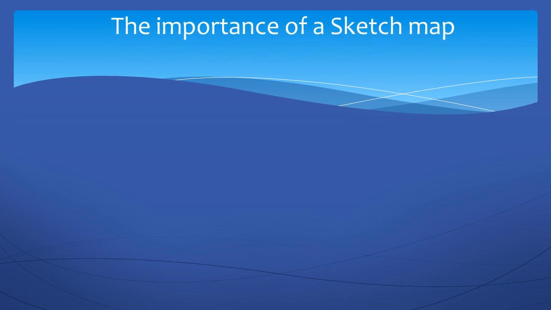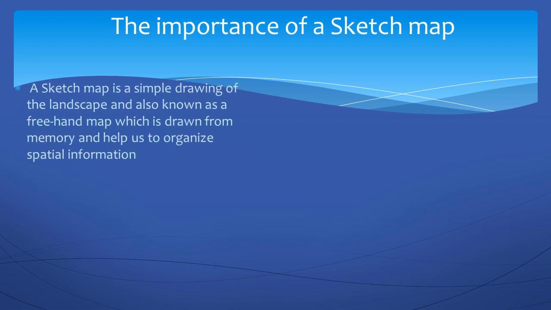what is a sketch map and why is it important? A sketch map is a simple drawing of the landscape, also known as a freehand map, which is drawn from memory. For example, if you are asked by your teacher to draw a sketch map of your previous school, let's take TUC 1 GSS as an example.